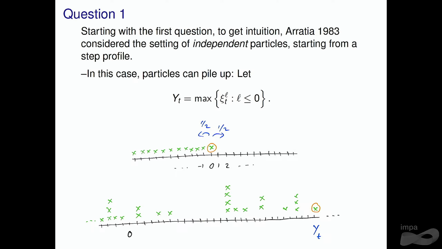Each one is an independent random walk. In that case, as things evolve, now things can jump onto each other. And the concept of what we're really after is the lead particle, so the maximum. If you want to get some intuition from independent particles, we should try to understand the maximum of the process.